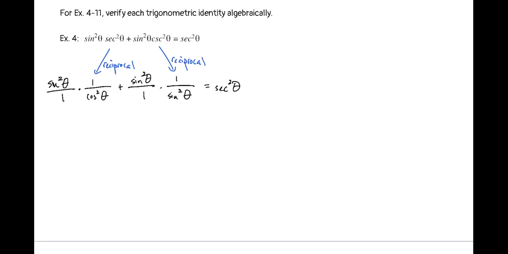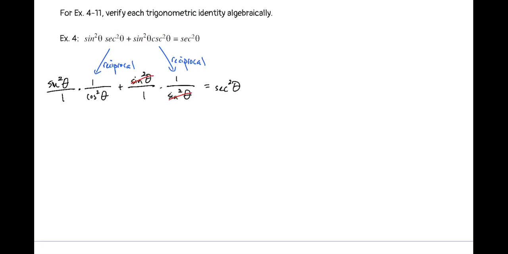All right. From here, once we've rewritten it, what can we do? We can reduce for sure. So if we reduce here, we're going to get a 1.